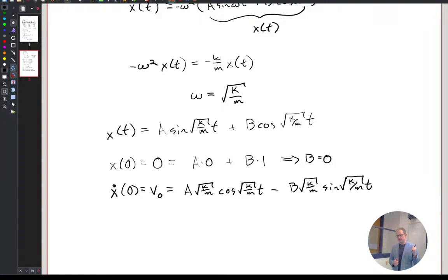All right, so now we still have cosine of 0 for this velocity term, so this all turns into 1. So what is my a, the amplitude of sine? Whatever that v0 over root k over m is.